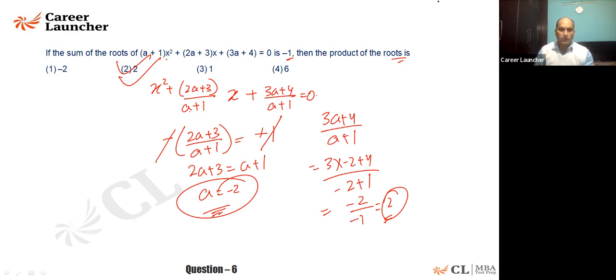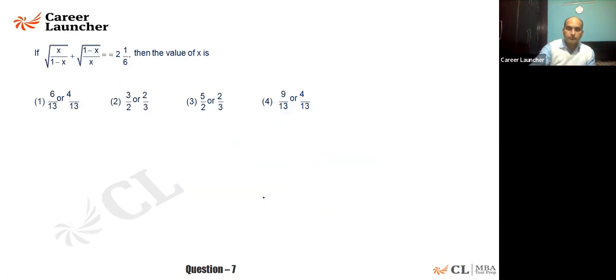I believe it is clear to other people as well. Please ask if there is a question. The product of the roots is always c by a and the sum of the roots is minus b by a. Fine, Aditya. Anyone else having any doubt?